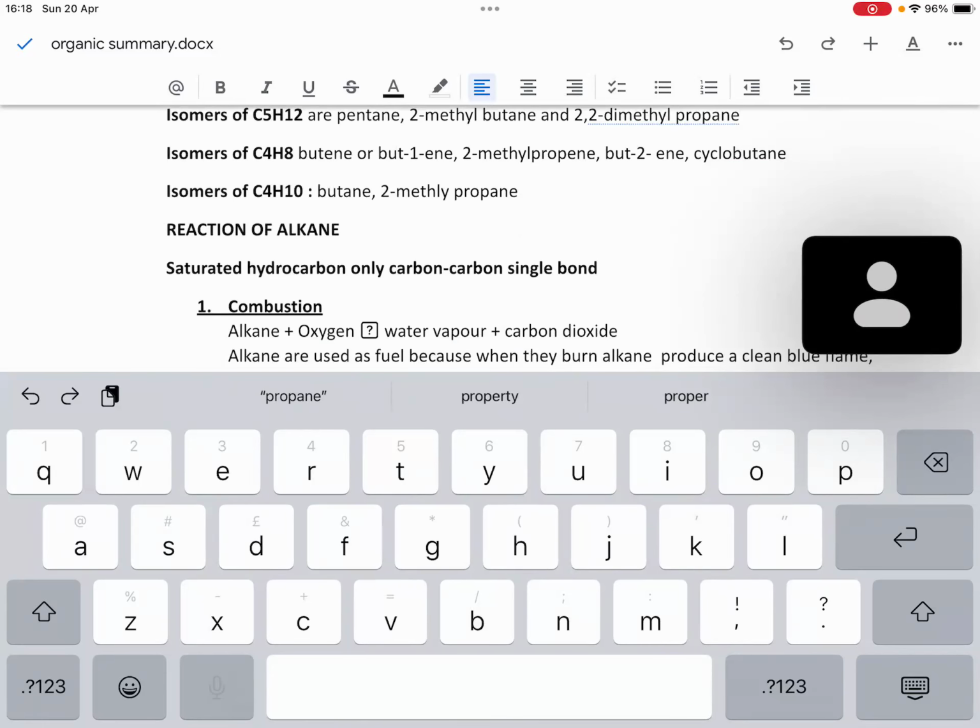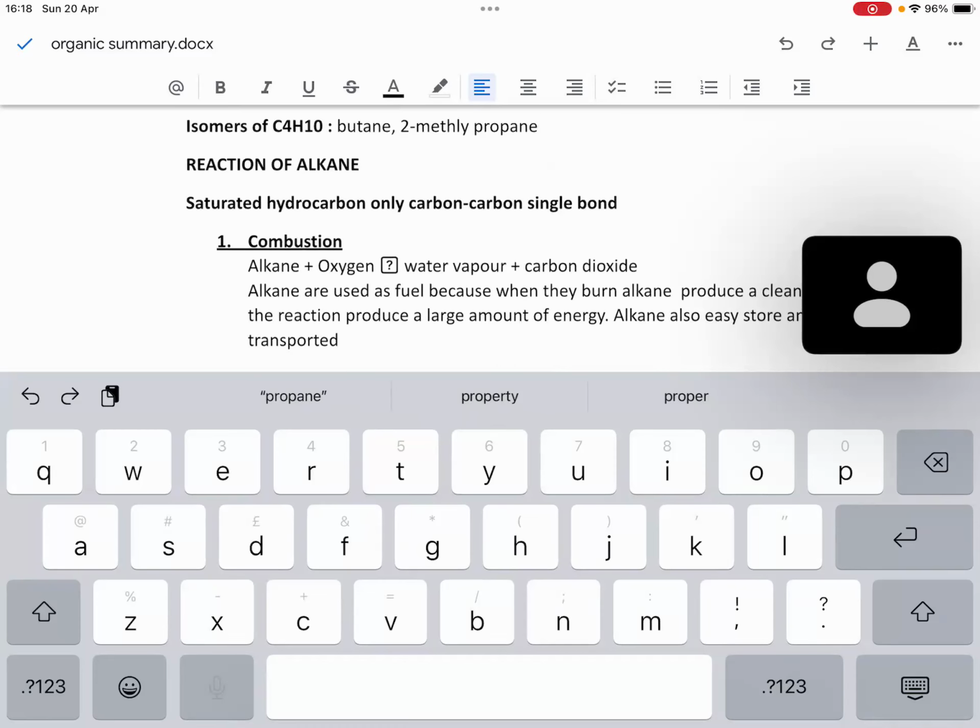Reactions of alkanes. We consider alkanes to be a saturated hydrocarbon, and it is a saturated hydrocarbon because it only consists of carbon-carbon single bonds. Alkanes can undergo combustion reaction. In combustion reaction, alkane reacts with oxygen.